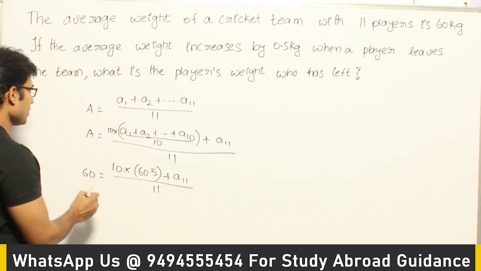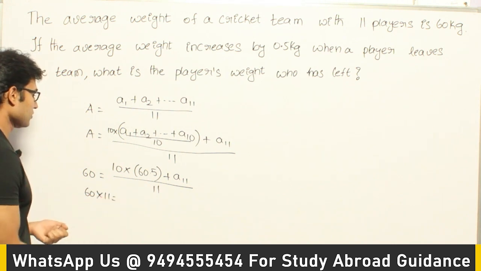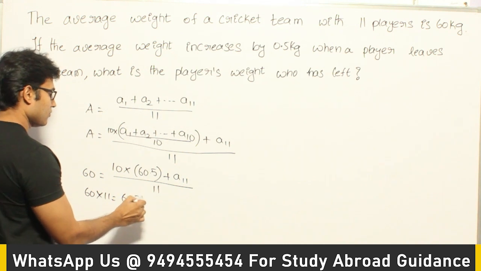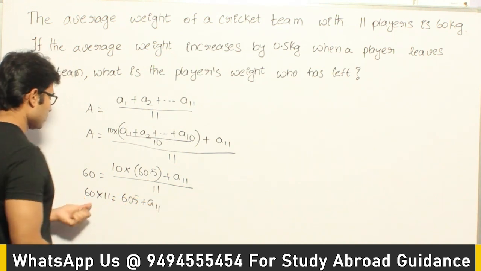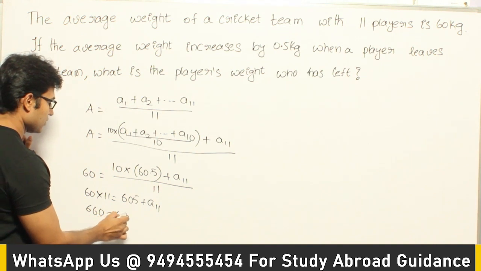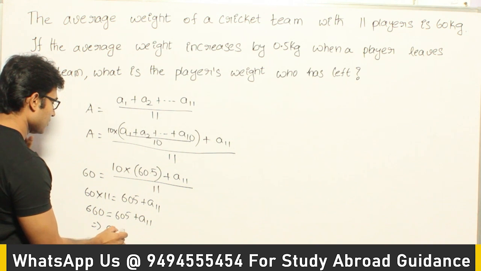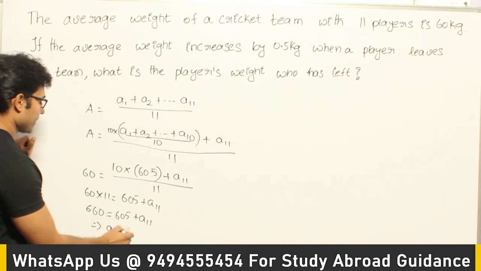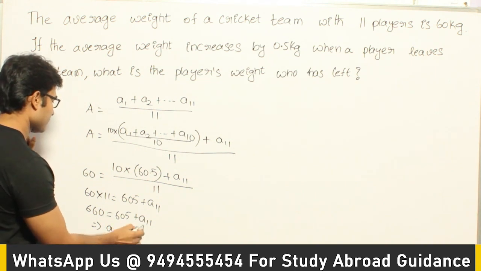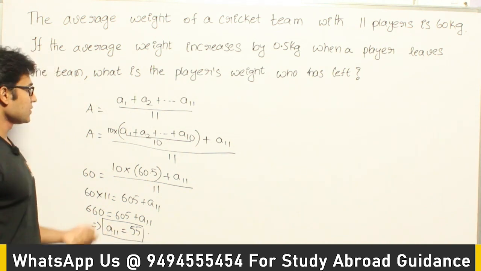Got it? So 60 into 11 equals 605 plus A11. What is 60 into 11? 660. So 660 equals 605 plus A11. That implies A11 equals 55. So 55 kgs is the answer.